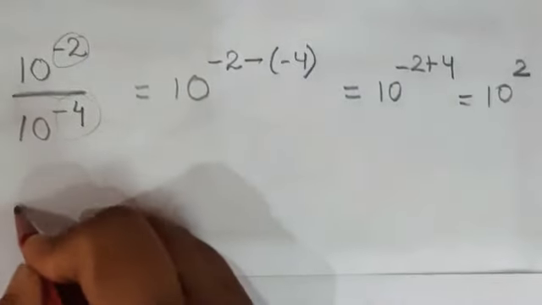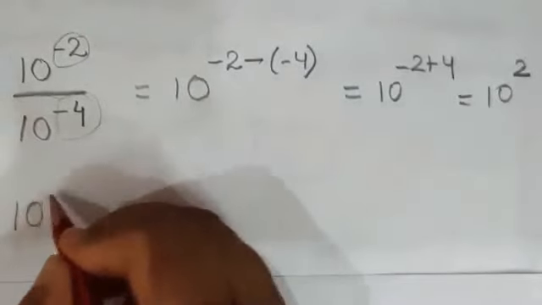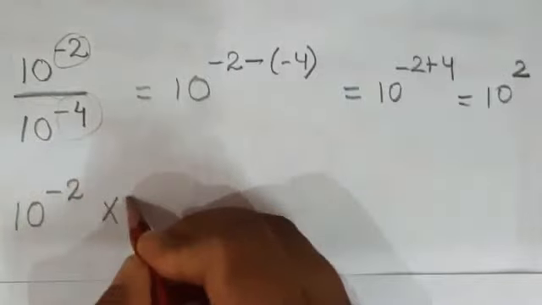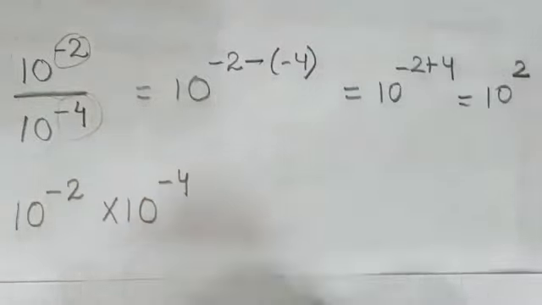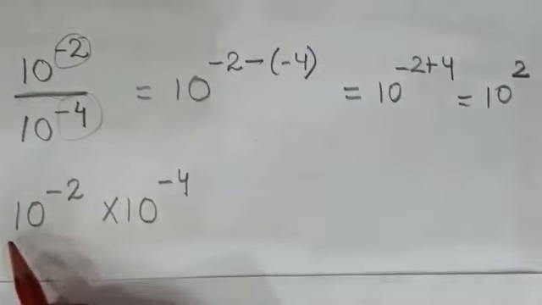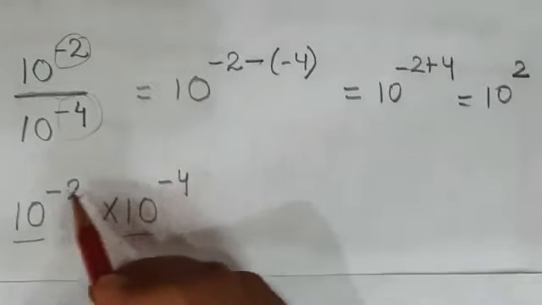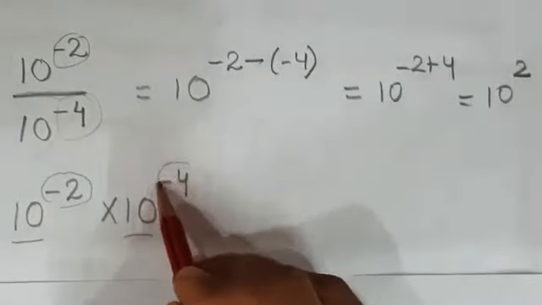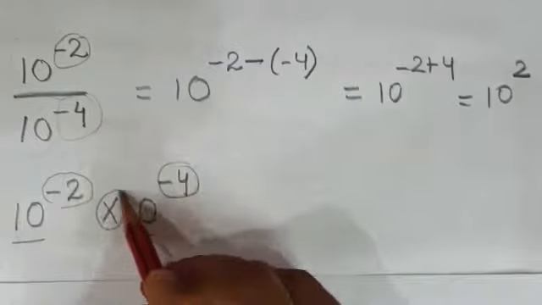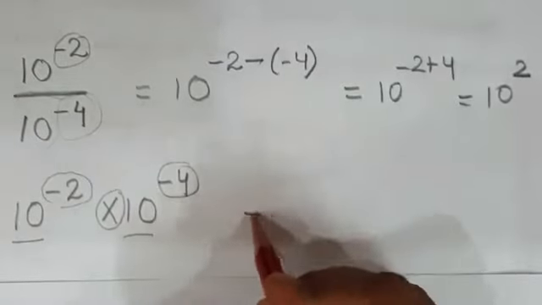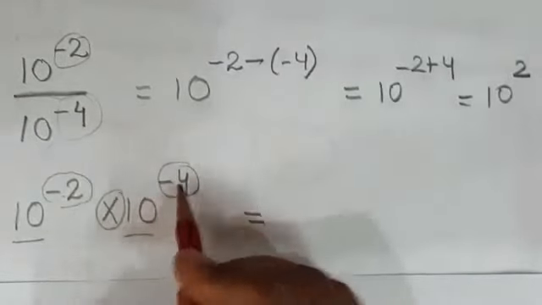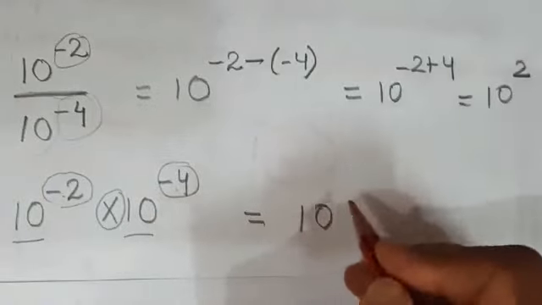And if they are in multiplication, okay, the bases are same, the powers are different and the operation is of multiplication, so what happens? These powers get added.